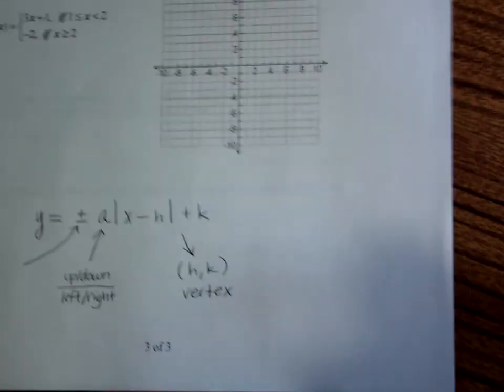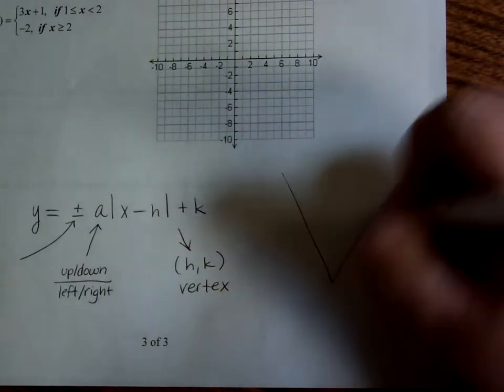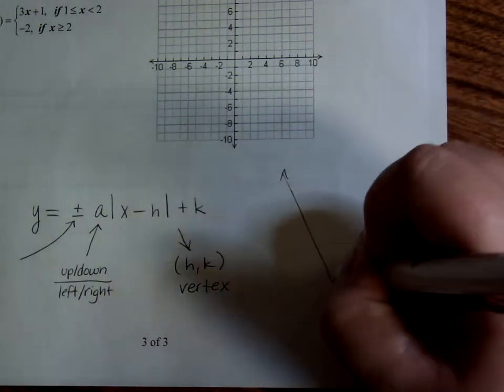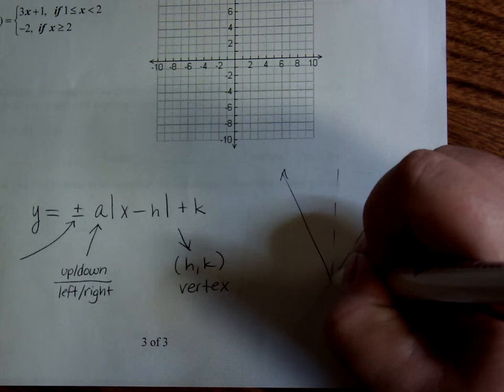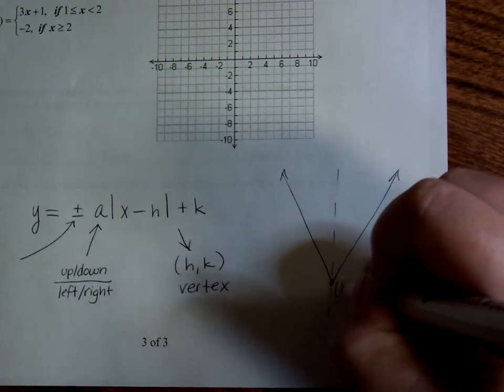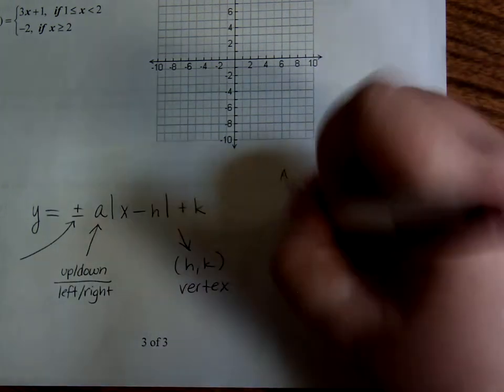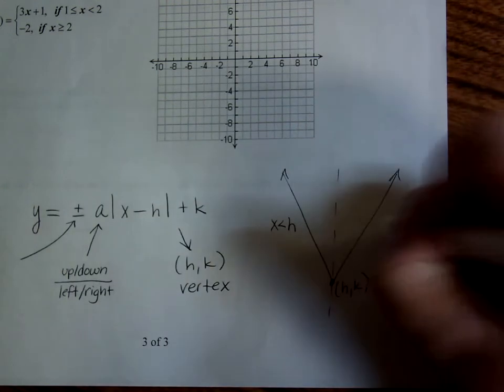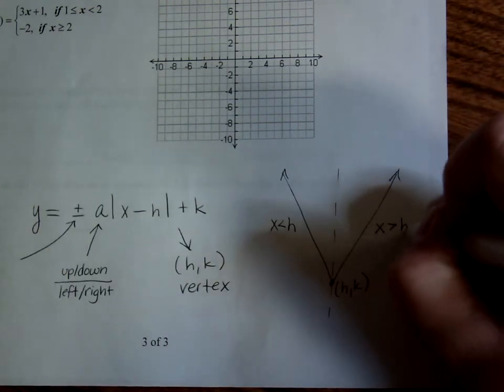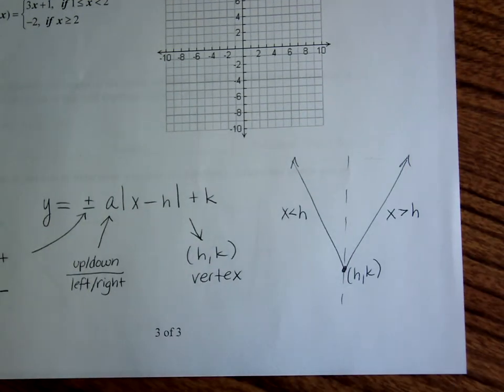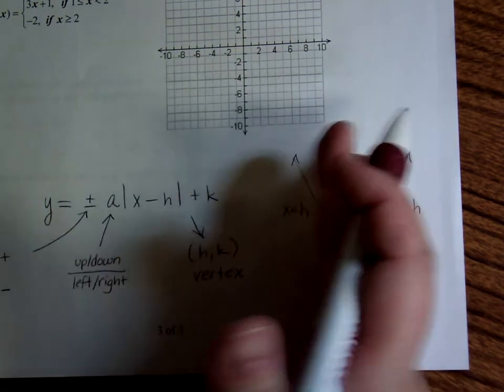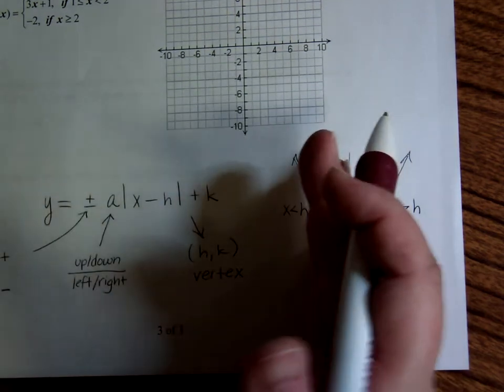So let's just say that down here, as a general rule. If it's opening up, here is my (h, k), then this is x is less than h. The less than and the greater than are about right and left. They're not about whether it's going up or down. So less than is always left, and greater than is always to the right.